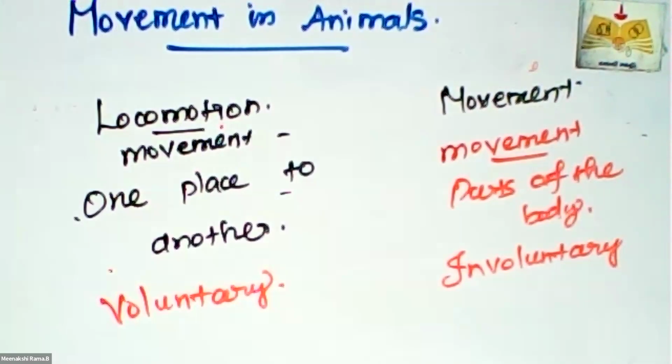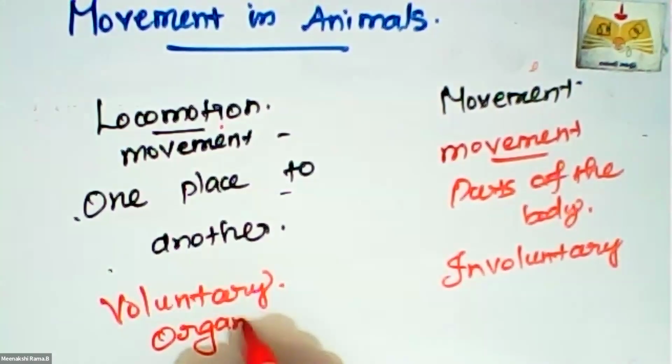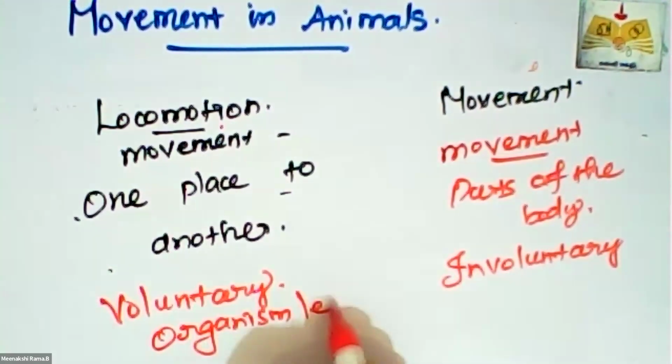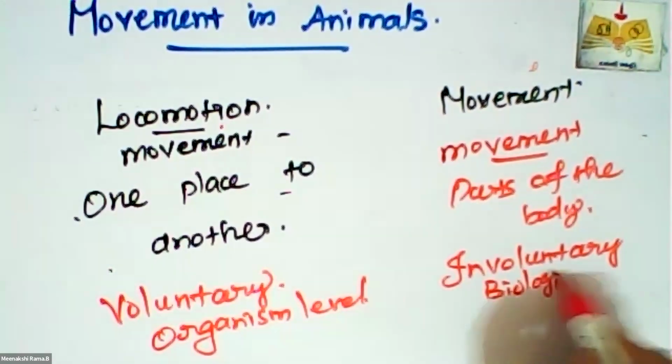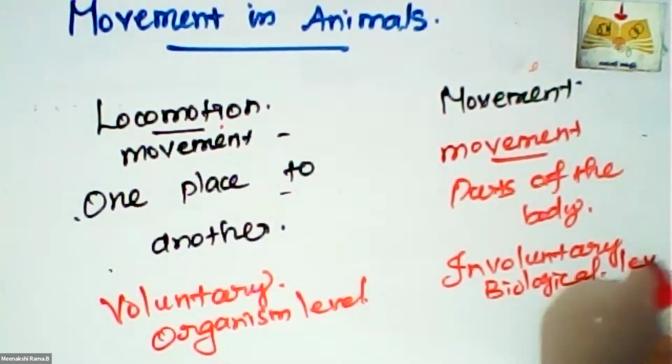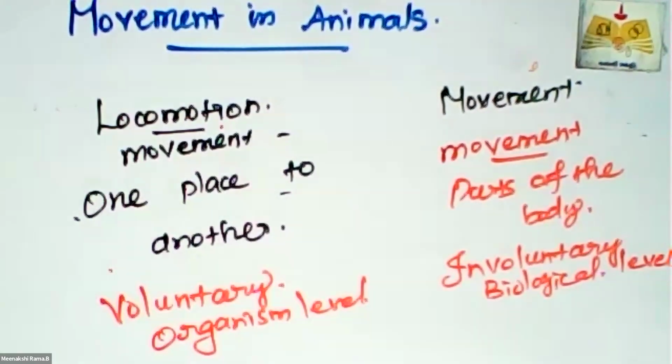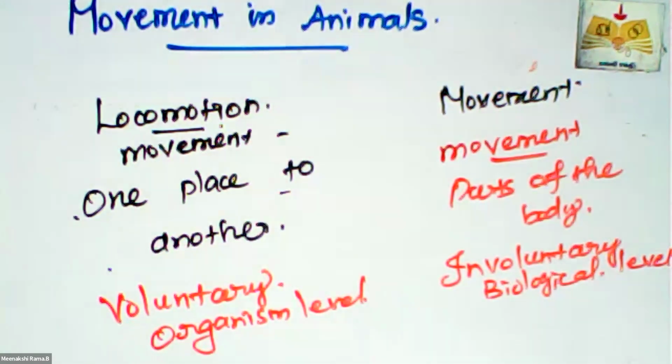Locomotion takes place at the organism level only, but movement takes place at the biological level only. And next, locomotion does not require energy, but movement requires energy.